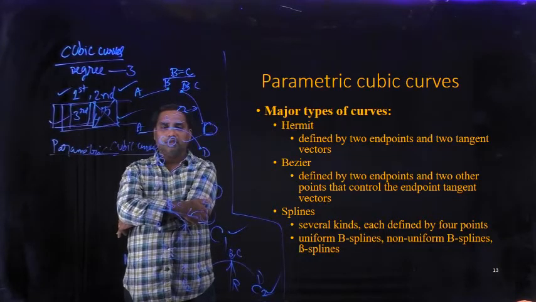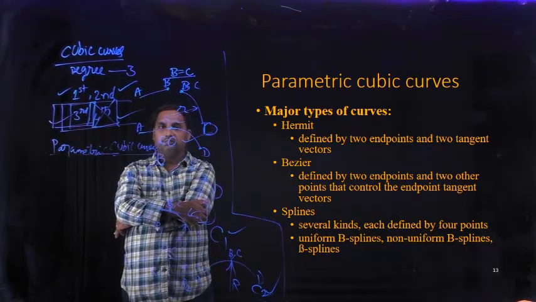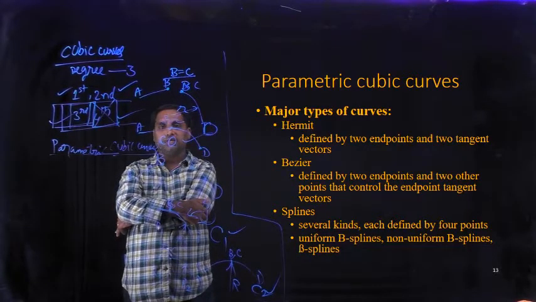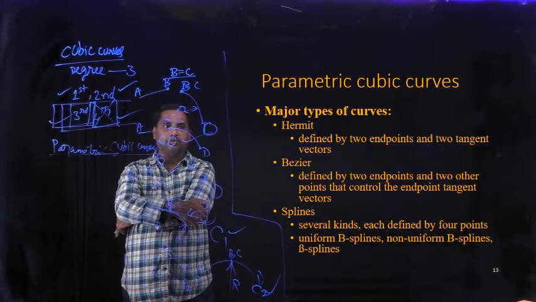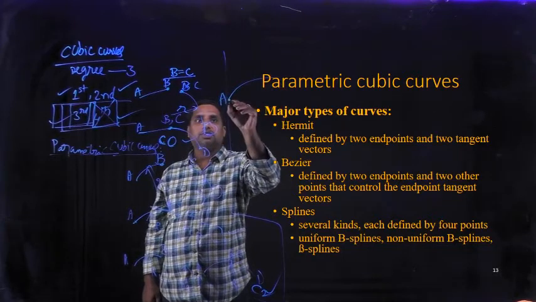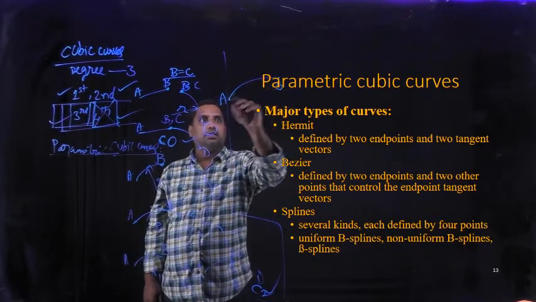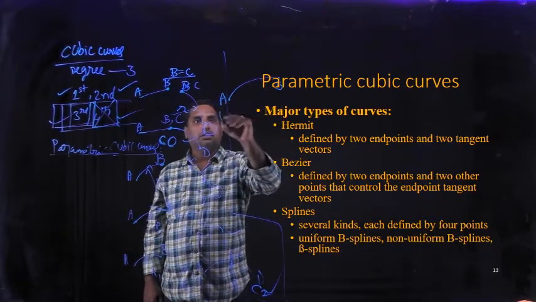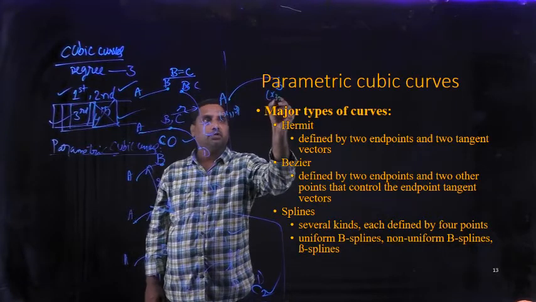Similarly, for a Hermite curve, if you want to represent that one, the curve has two endpoints. It requires the endpoint coordinates. Suppose the curve is like this, this endpoint is A, this endpoint is B. A coordinates are x1, y1, B coordinates are x2, y2.